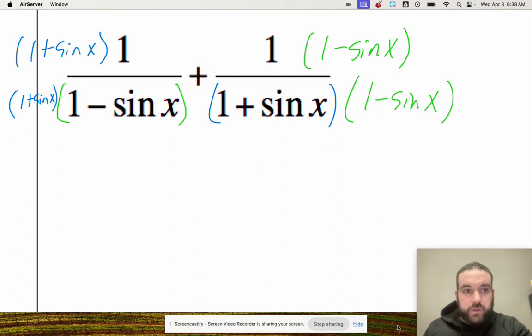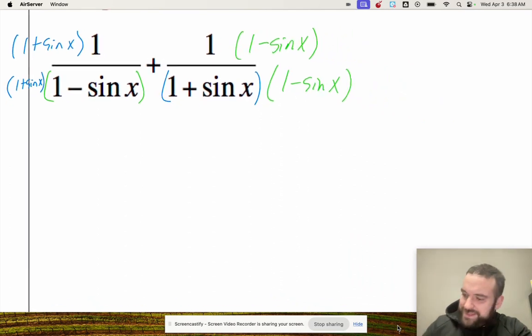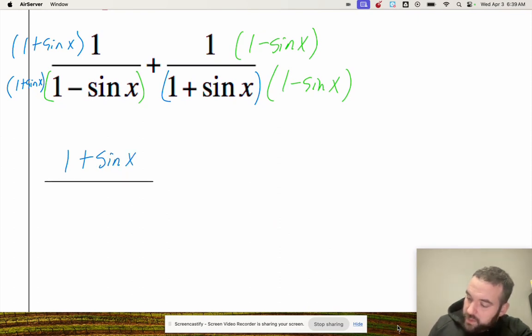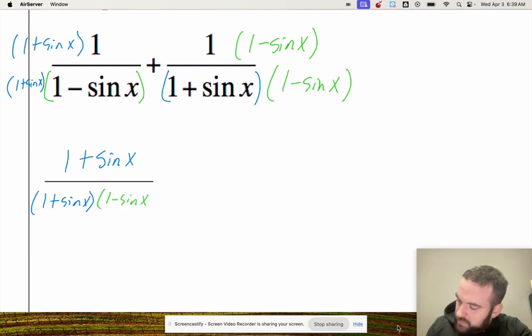Sorry about the border of the page there. What that's going to do for me is I now have 1 plus sine x as my numerator of the first fraction. And then my denominator is going to be 1 plus sine x times 1 minus sine x.